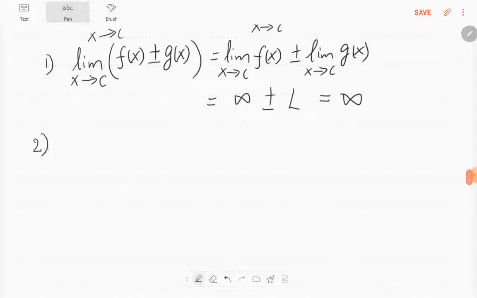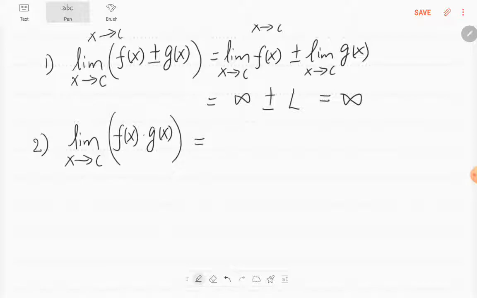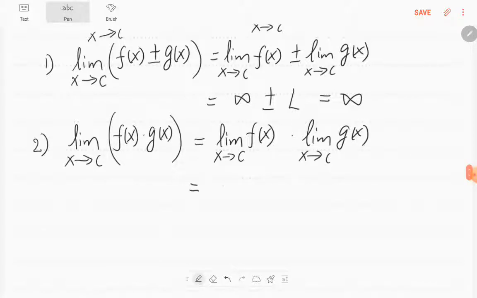Second, the limit as x approaches c of f of x times g of x. It is equal to the limit of f of x times the limit of g of x. So this is infinity times L. You should be careful. We have two cases.